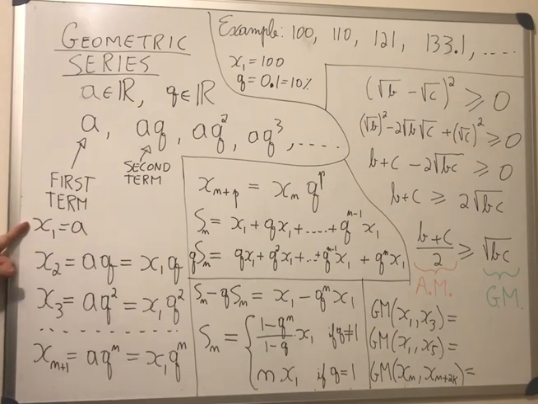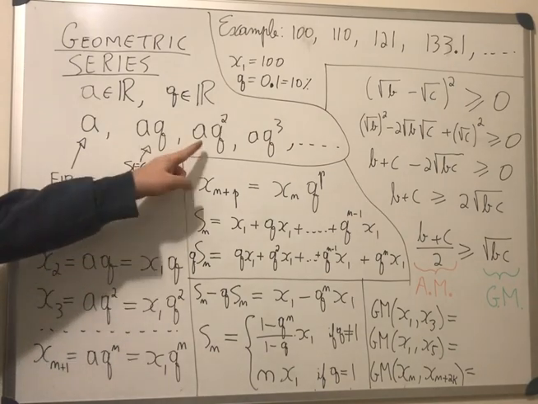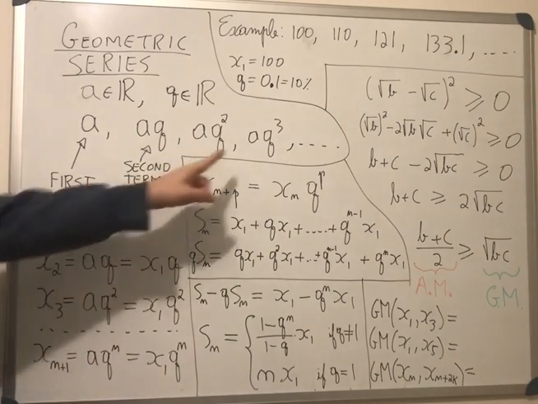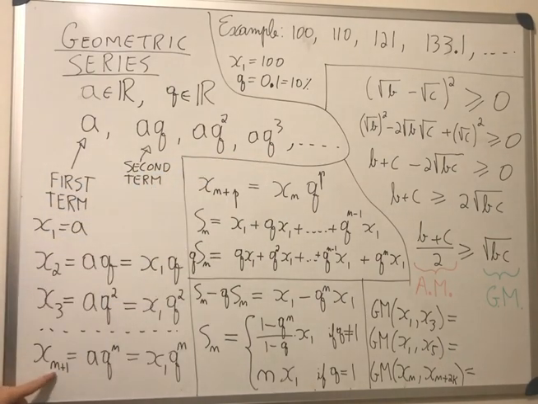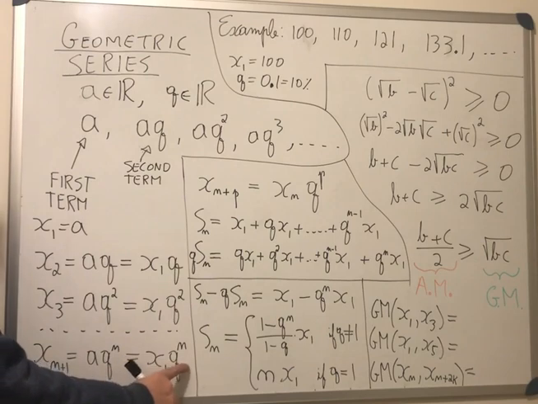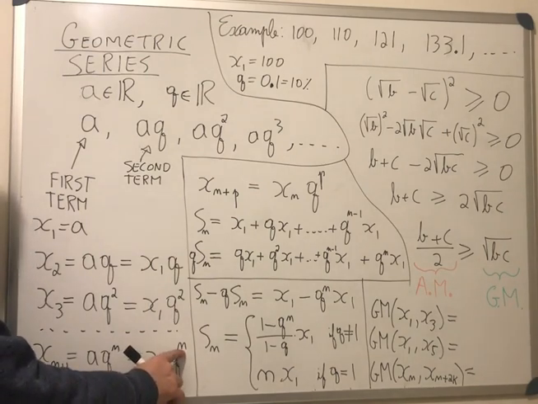We say x1 is the first term of the sequence, x2 is the second term, x3 is the third term, x4 is the fourth term, x(n+1) is the (n+1)th term. Notice that the (n+1)th term of the sequence is the first term, x1, times q to the power n.